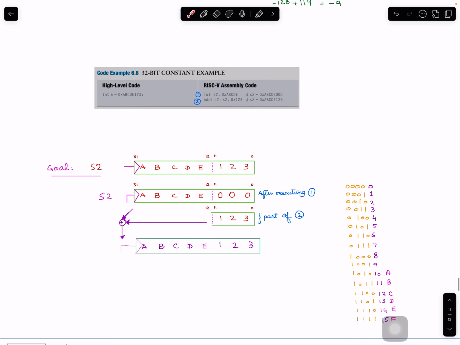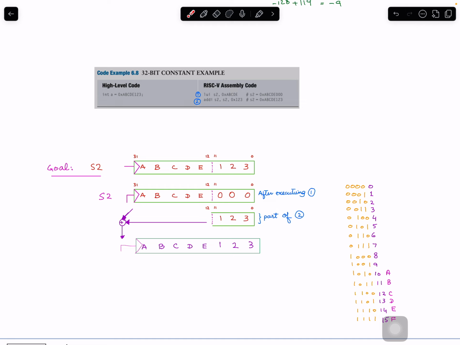Then the last thing we looked at yesterday was what if you want to assign a 32-bit number to a variable. The previous instruction addi did only 12 bits. But another instruction we introduced was LUI, which can put the most significant 20 bits into a register.